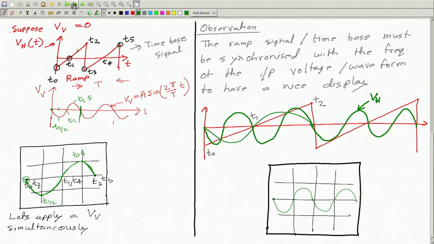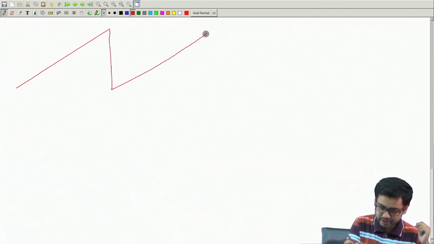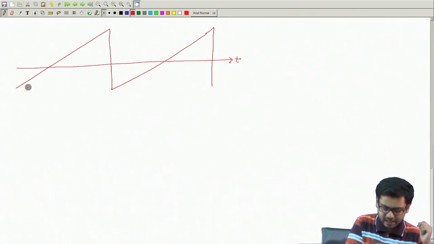But now suppose let's take another example. Say the input time base is like this. One period, second period, and this is the 0 line, 0 voltage line, time axis, and say the input signal is not synchronized with this frequency.